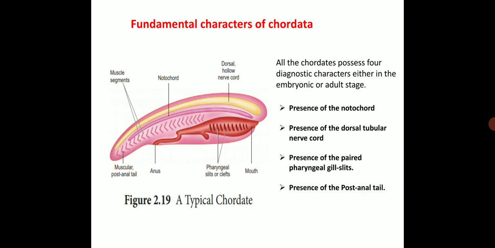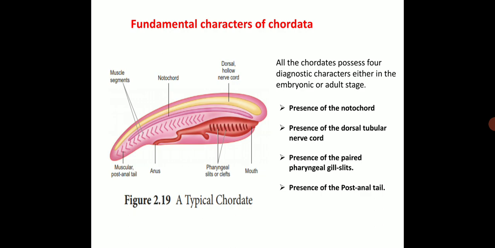The first is the presence of notochord, then the presence of a dorsal tubular nerve cord, the presence of paired pharyngeal gill slits, and the presence of a post-anal tail. These are the 4 fundamental characters of a chordate.